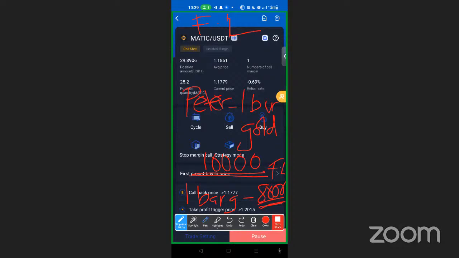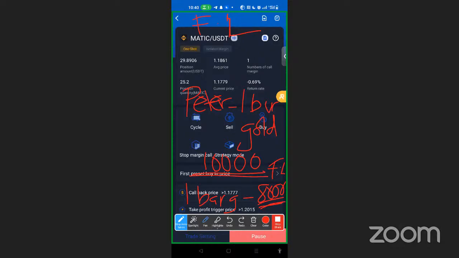This is usually a common question. I need some answers in the chat. Has Peter lost his 1 bar of gold because it's now worth $8,000? I see some, no, thank you so much.